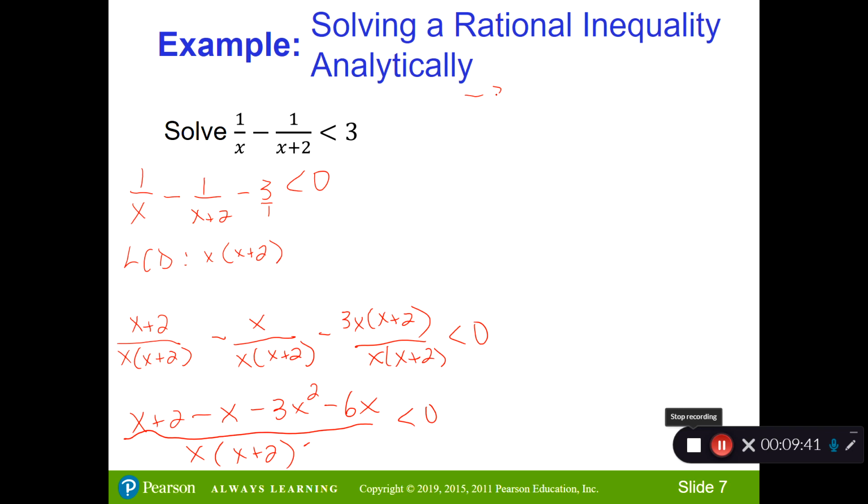We've got negative 3x squared, minus 6x, and then just a plus 2. Now to make it easier to factor, I can take out the negative, put it in front of the fraction. 3x squared plus 6x minus 2.